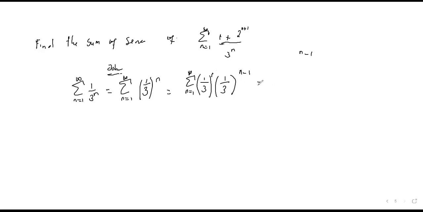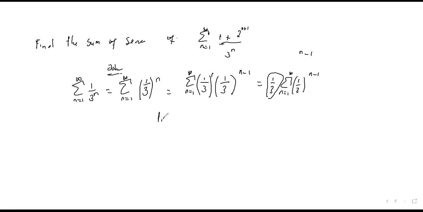So the 1/3 constant can always come out of the sum, and then we remain with 1/3 to the power n minus 1, which is purely geometric now, whose a is 1/3.